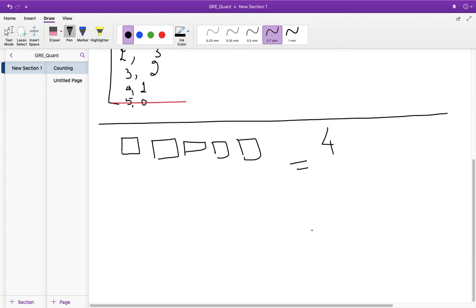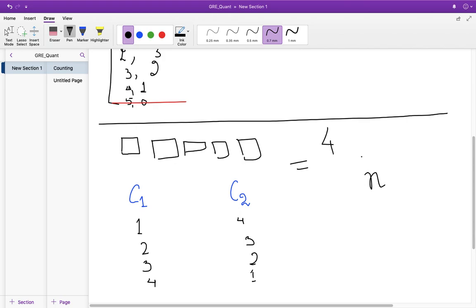A question we should ask ourselves is: how do we generalize this? Let's go back and put charity 1 and charity 2, and come up with enumerations: 1 comma 4, 2 comma 3, 3 comma 2, and 4 comma 1.